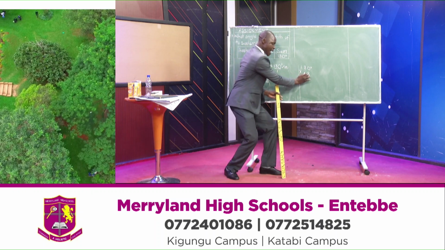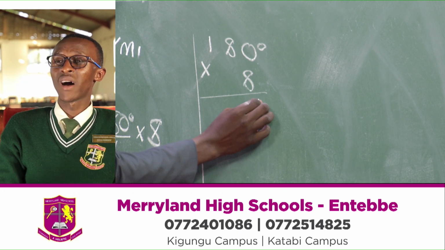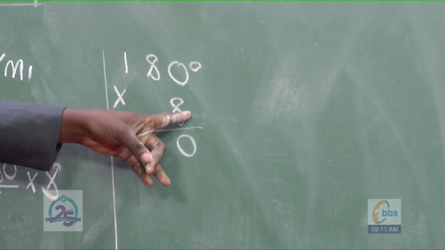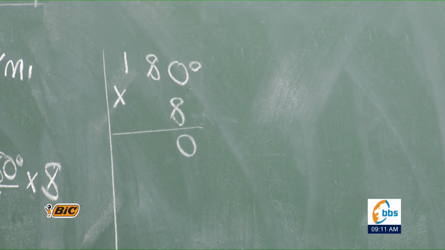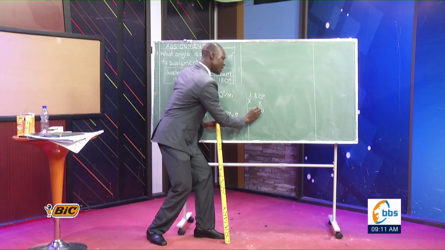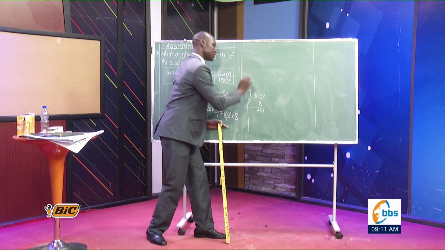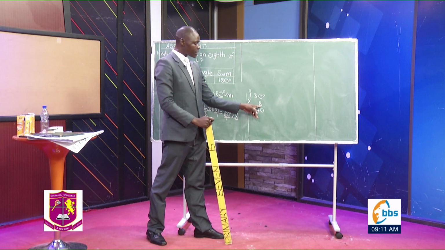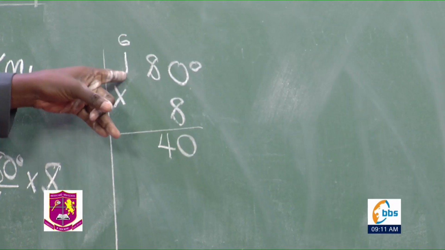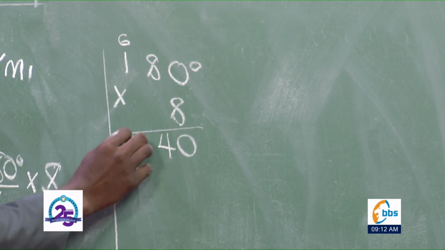When we multiply 8 times 0, we shall get 0. 8 multiplied by 8, we get 64. We shall write 4 and we move with a 6. 8 times 1, we get 8. Plus the 6 we moved with, and we shall get 14.